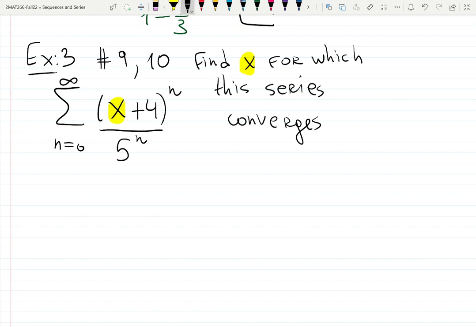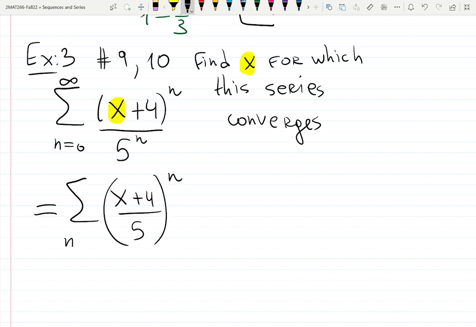The idea is we will notice that it is a geometric series. So let's rewrite it like so. Check this out. I can put it in one big parenthesis, (x plus 4 over 5) to the n, n is from 0 to infinity. This is a geometric series. A geometric series has the shape a r to the n, where a is the first term.